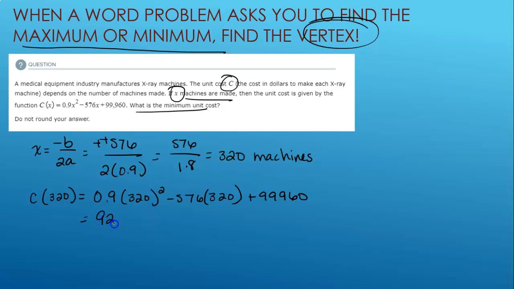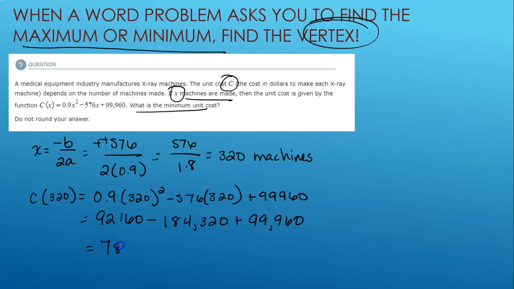gives me 92,160. Negative 576 times 320 gives me negative 184,320 plus 99,960. Now I just simplify 92,160 minus 184,320 plus 99,960 and hit enter.